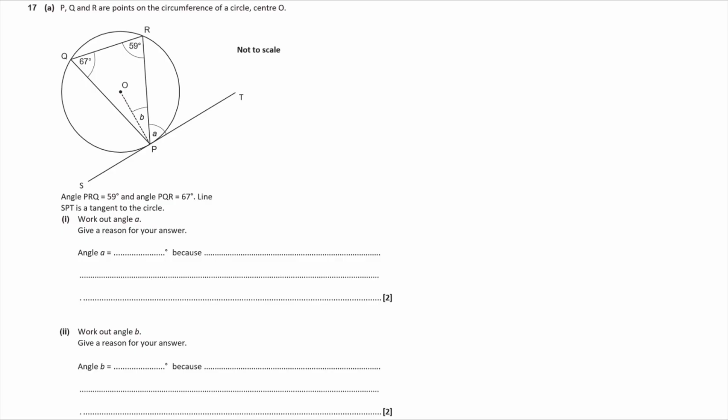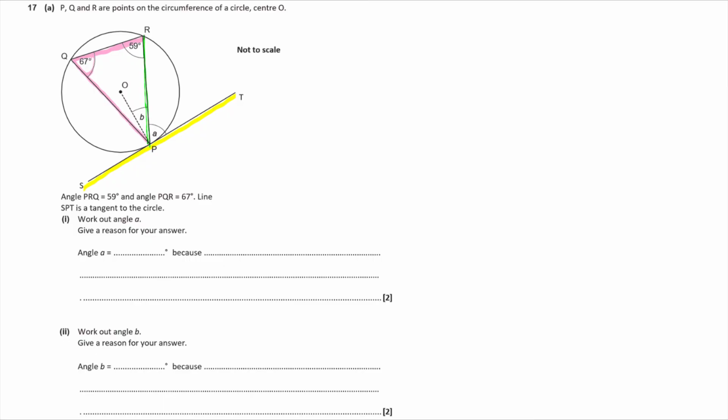Okay. Well, that's quite a nice, easy one to start off with, if you know your circle theorems. I've got a tangent here, SPT, and I've got a chord drawn at the point of contact, there, look, PR. And I've then got an angle subtended off that chord at Q. So what we've got here is the alternate segment theorem.